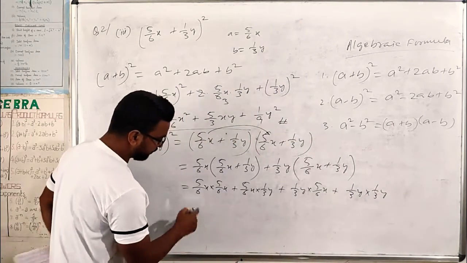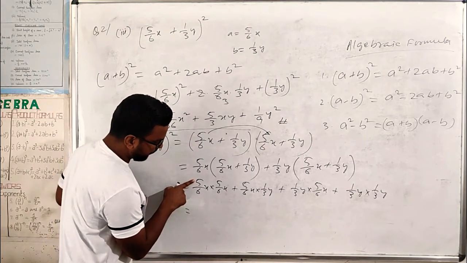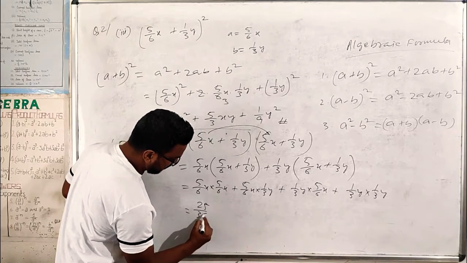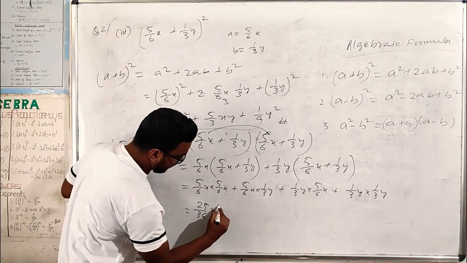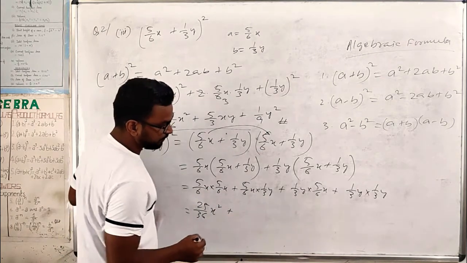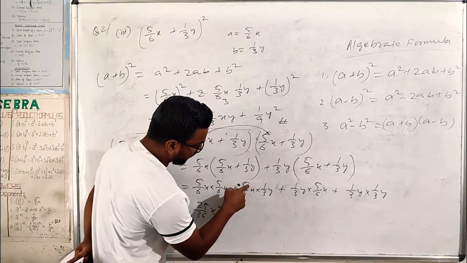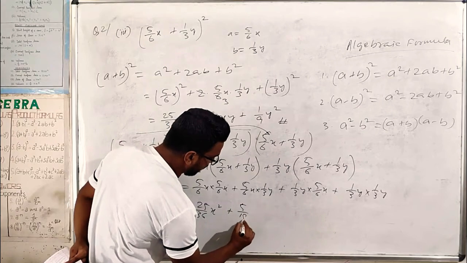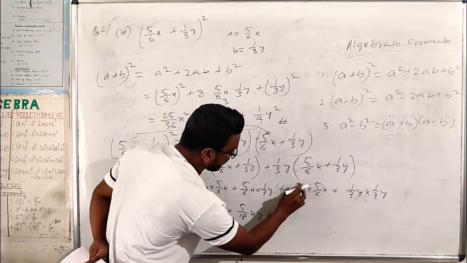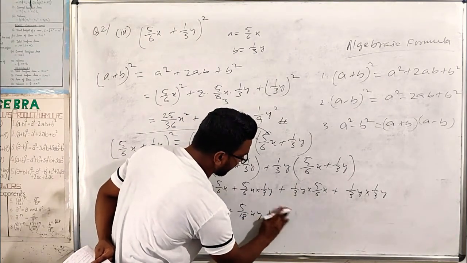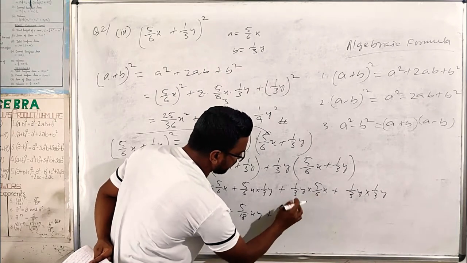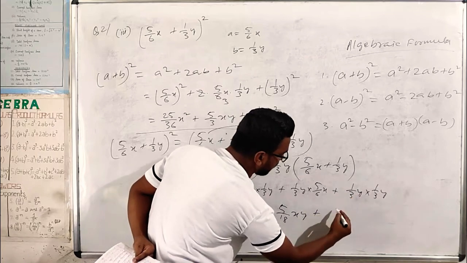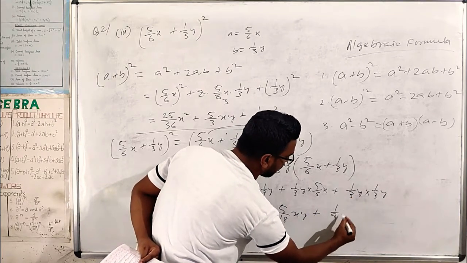So when you multiply, how much it will be? 5 5s are 25, 6 6s are 36, x into x, it will be x square plus this one, 5 1s are 5 and 6 3s are 18, 18xy plus 5 1s are 5 and 6 3s are 18xy plus this will become 1 by 3 3s are 9y square.